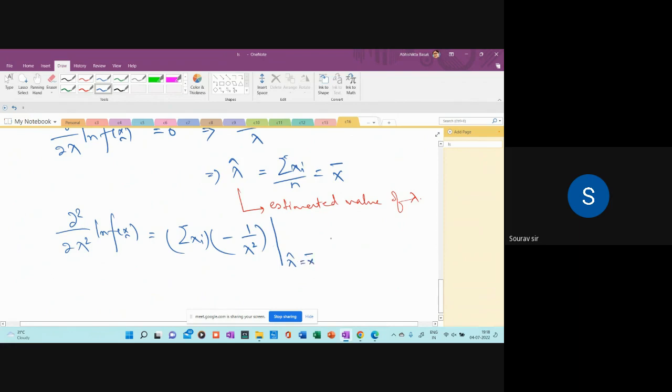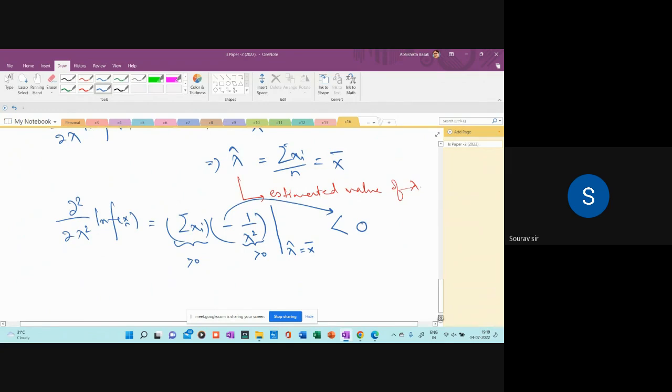Whatever the value of lambda, since lambda is positive here, and there is a lambda square, this term is positive, and the negative sign makes this whole thing negative.